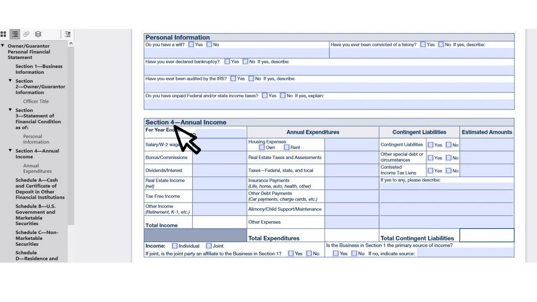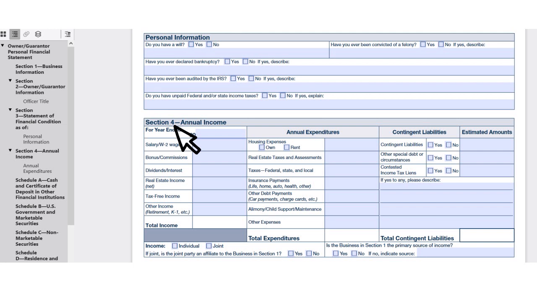If you were to lose the lawsuit, then you have to pay. So this here is what is called contingent liabilities. And you have to actually specify what it is. And you have to total the contingent liabilities that you have here and explain it, and then put the total amount there. Okay. And here again at the bottom, you have to specify whether this is an individual or joint account.